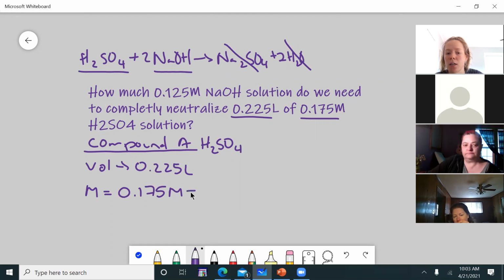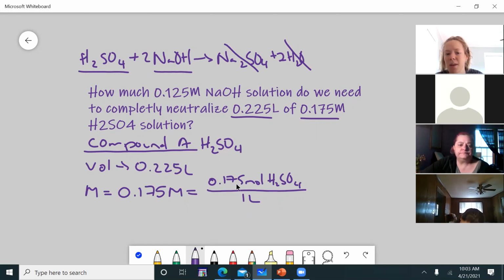So I'm actually going to change this to its mole per liter unit, 0.175 moles of specifically the H2SO4 in every 1 liter of solution. So when you've got this, figure out what compound A is, get your volume into liters, and take your molarity and just convert it into moles per liter. It's the same numbers, you just put it as mole per liter.